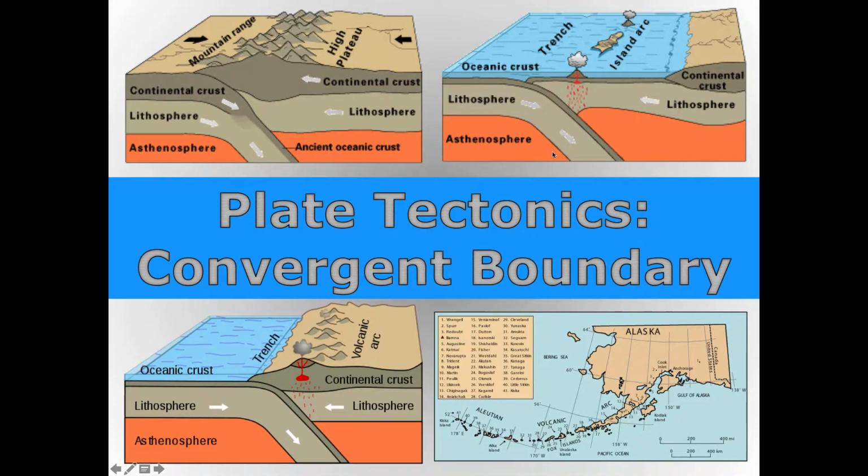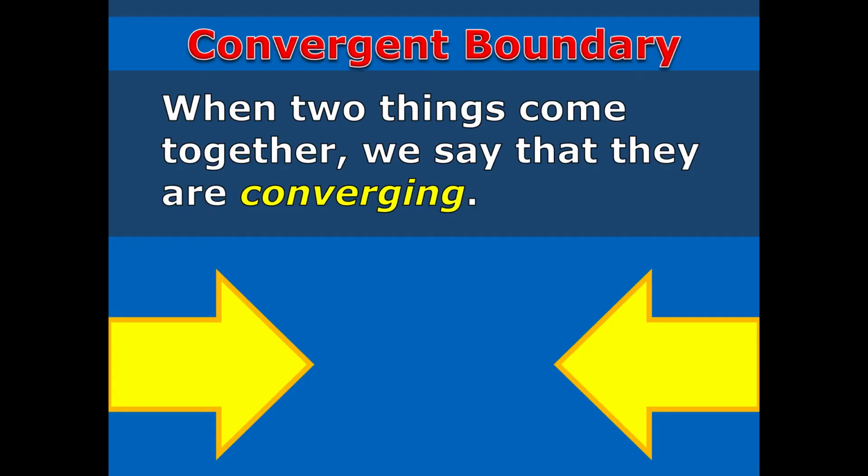You have one going underneath, and then you have plate melt happening, and it creates magma, which creates more land, which eventually pops out of the water and creates islands. So let's deep dive in and learn more about convergent boundaries.